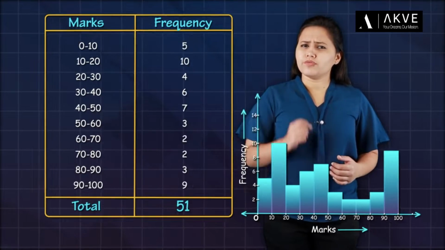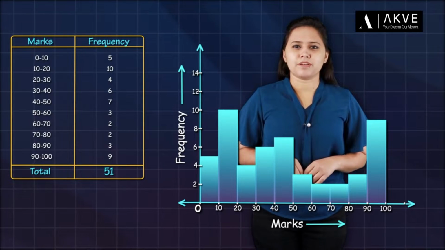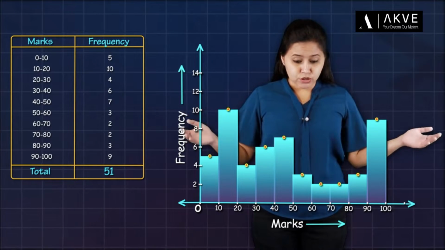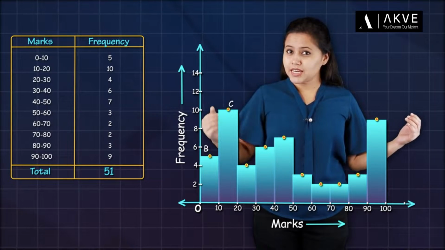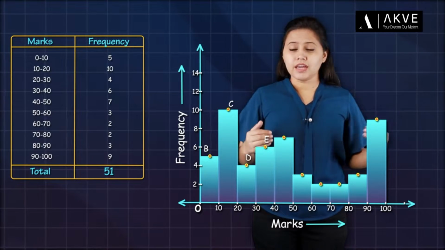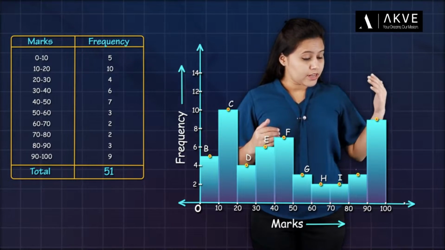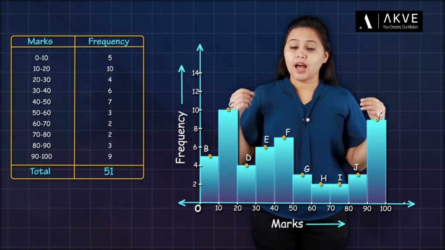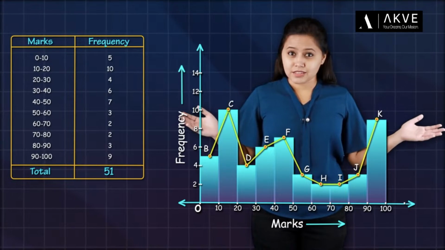Let's again draw the frequency polygon the same way as we did in the previous example. Mark the midpoints of the top of the rectangles as B, C, D, E, F, G, H, I, J and K. Now join these points using straight lines like this.